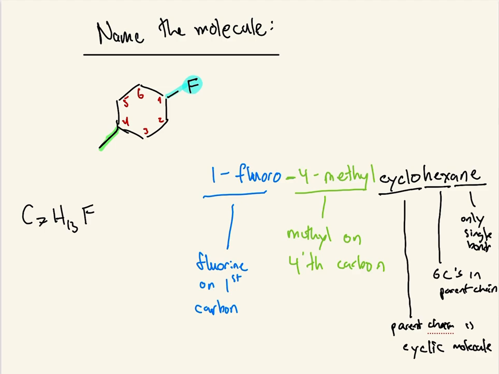Right. So we're not going to ever get into aromatic compounds like benzene and stuff, but for benzene, there are specific names for each functional group on the benzene ring. The parent name depends on whether it's NO2 versus OCH3 or something like that.